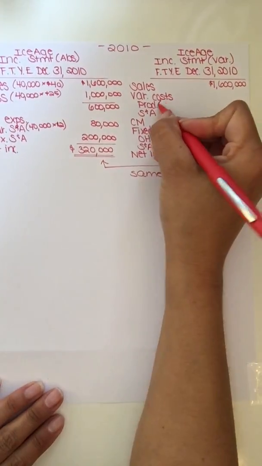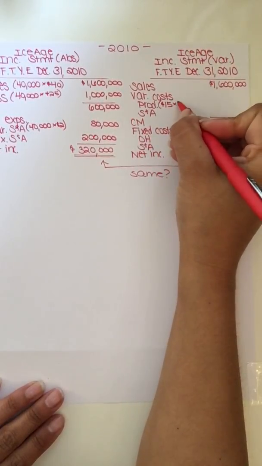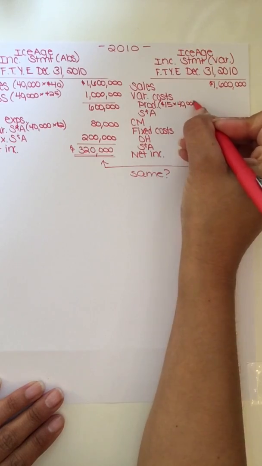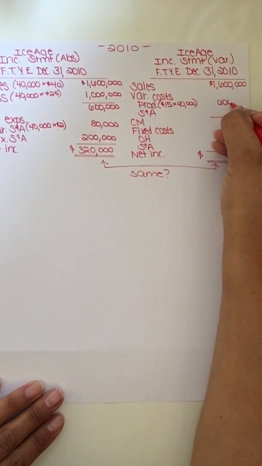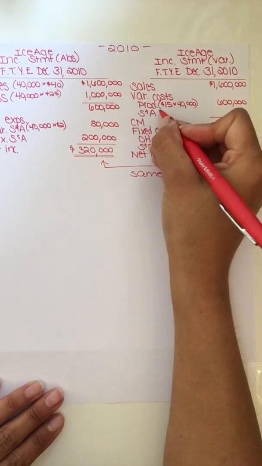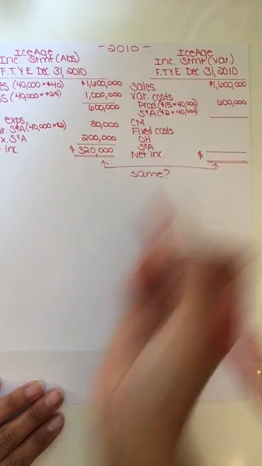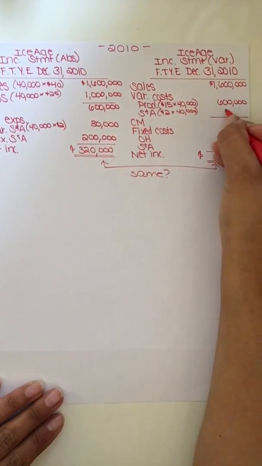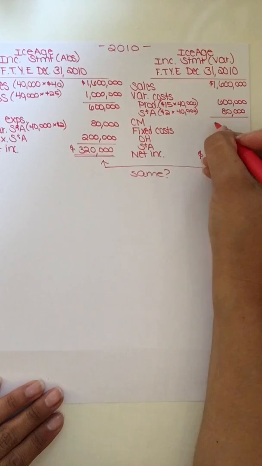Your product costs, we said, was $15 times our units sold, which is 40. So you should have gotten 600,000. Variable S&A, $2 times units sold of 40 gives us the 80,000 again. So contribution margin for the variable approach is $920.